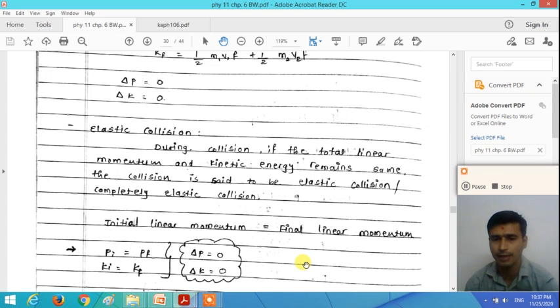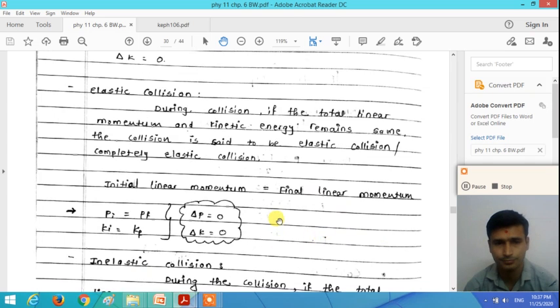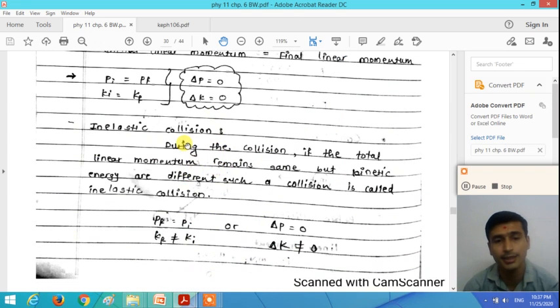So calculate the linear momentum before the collision, calculate the kinetic energy before the collision, calculate the linear momentum after the collision and the kinetic energy after the collision. And if the linear momentum and the kinetic energy are the same, we can say that the collision is an elastic collision, right? Now, what do you mean by the inelastic collision?